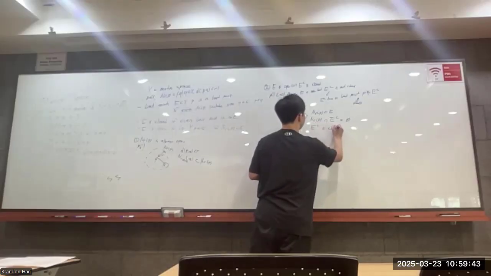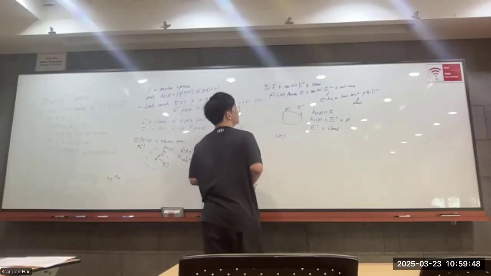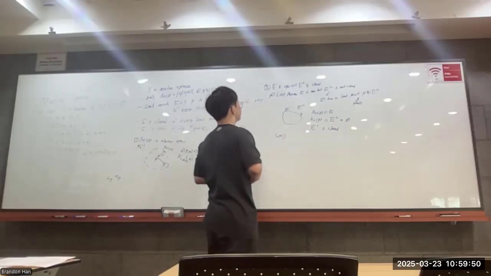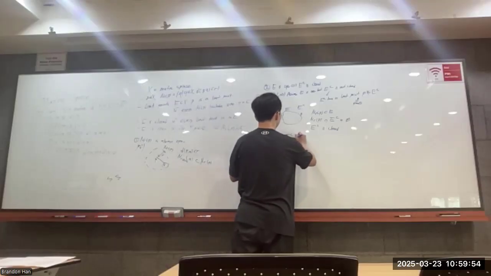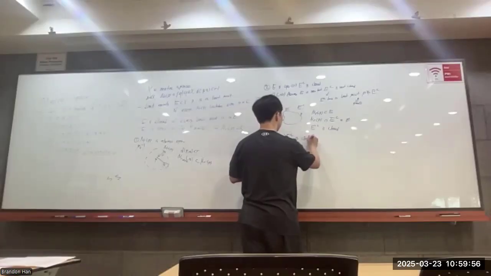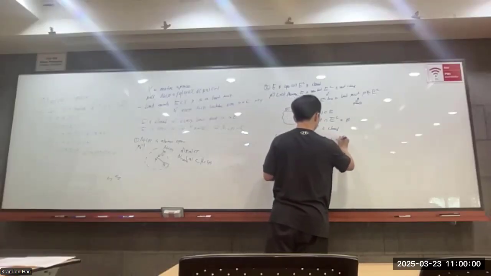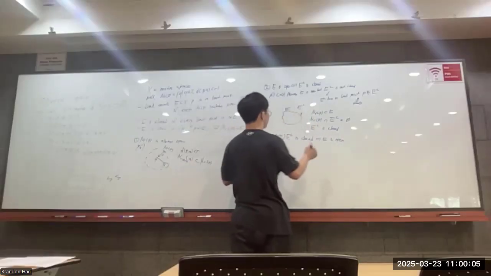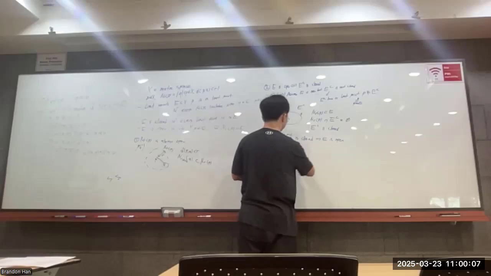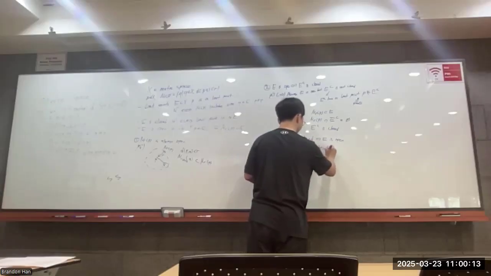And now to prove the other direction, that if EC is closed, then E is open. We can just say, assume EC is closed, but E is not open.